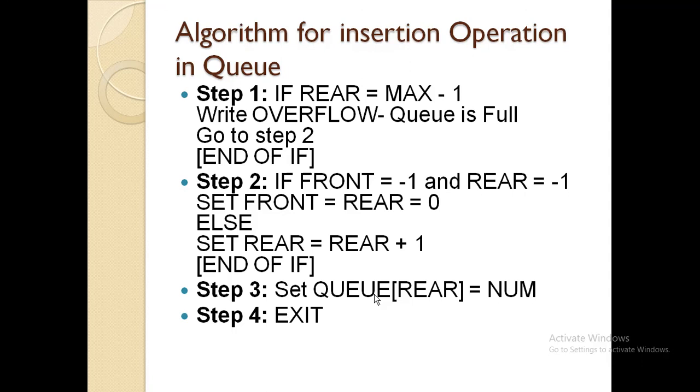So this is the algorithm. In step 1 we check if rear is at max, then print queue is full. If this condition is not satisfied, go to condition 2. If your front and rear are at -1, then set them to 0, increment the rear pointer by 1 and add the element into the queue. Here num is the element which I want to add, so this number is added to the queue.